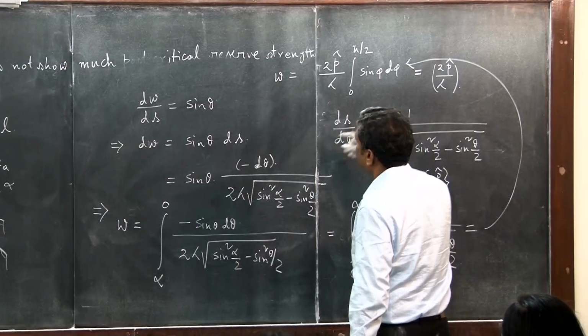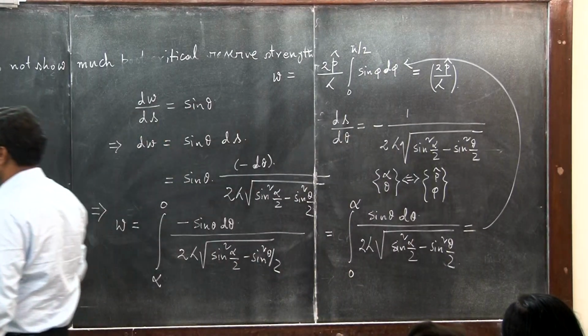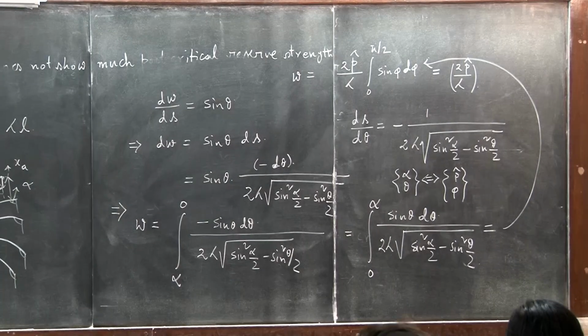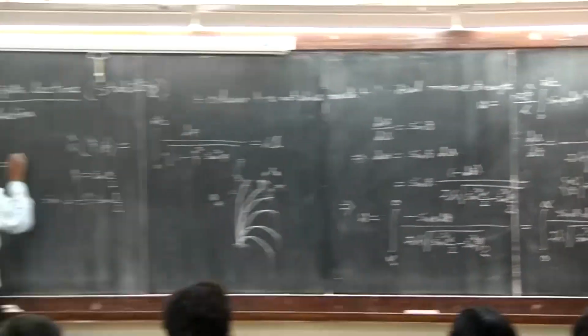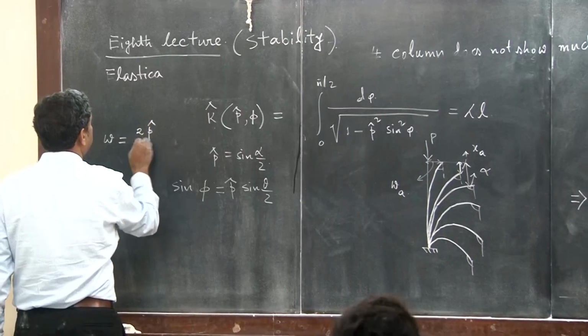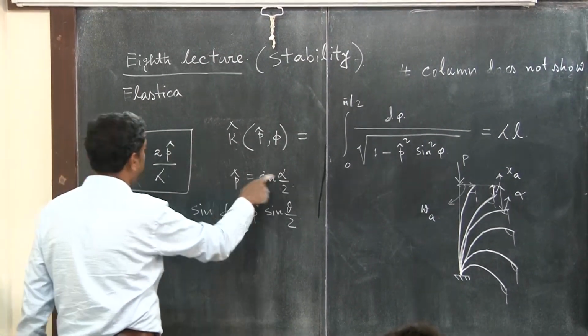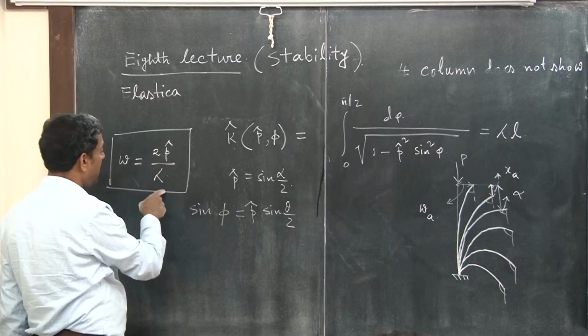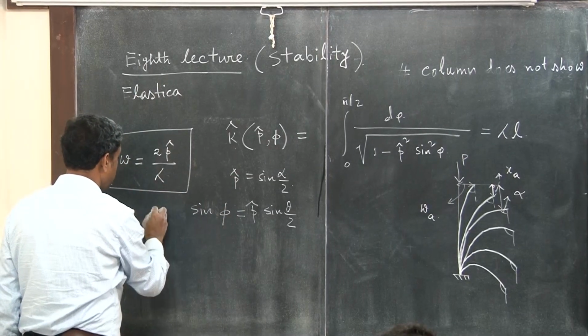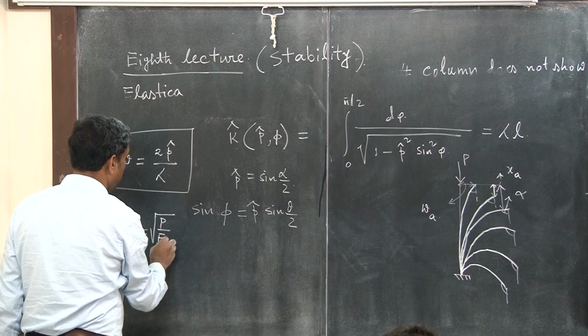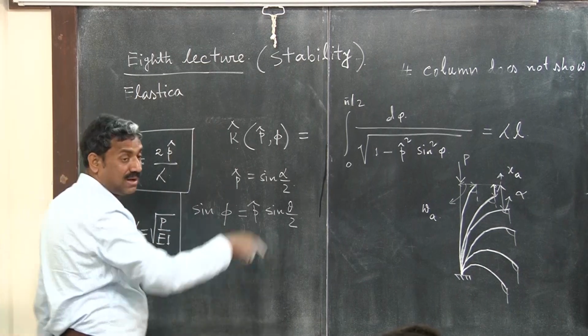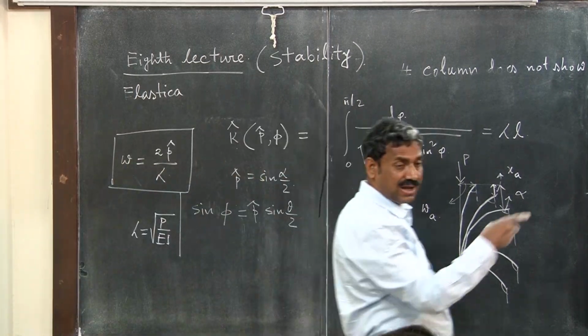W is equal to 2 P cap upon lambda. For any alpha you can calculate P cap, and lambda is nothing but root P, so for any level of P, you can find out the lateral deflection W. Clear? You see that?